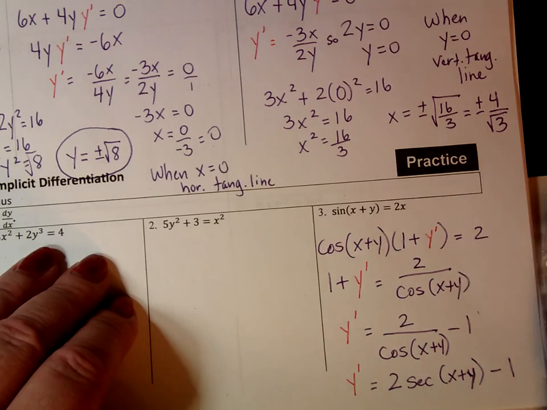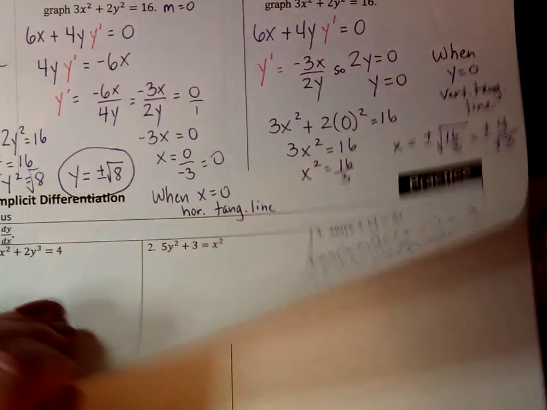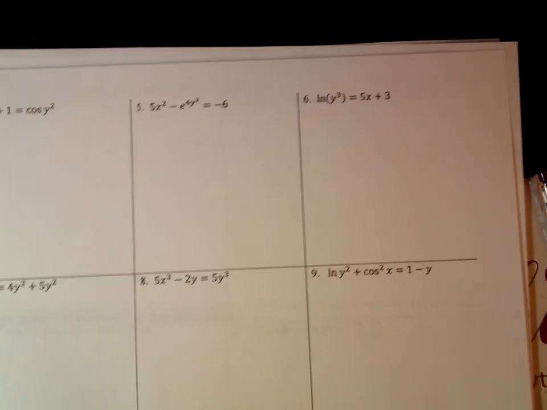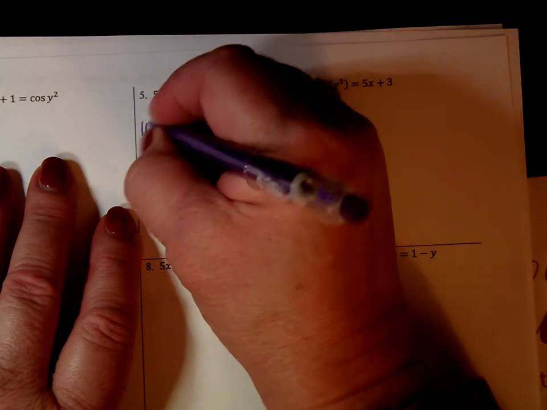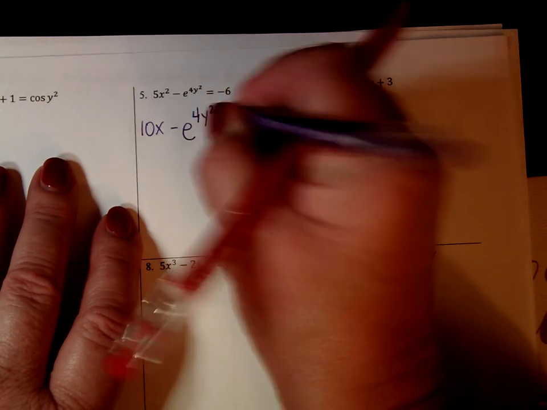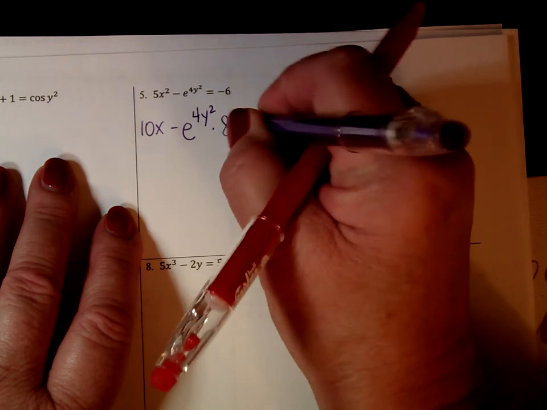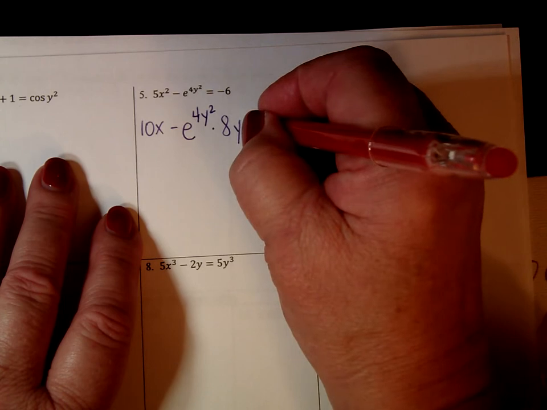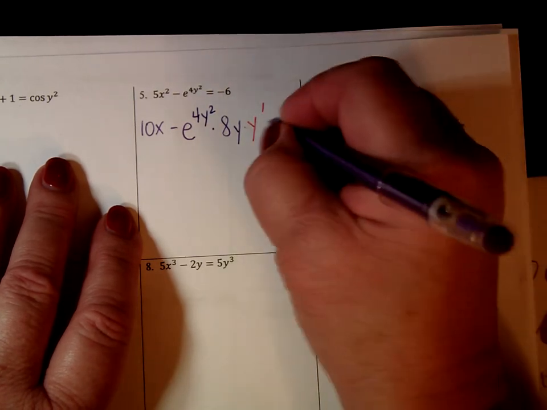Number 5, we'll do a little bit of e. So I've got a 5x squared. That's going to be a 10x minus e to the 4y squared times the derivative of the power, 8y times a y prime, equals the derivative of a negative 6, which is 0.